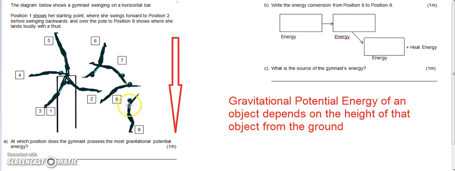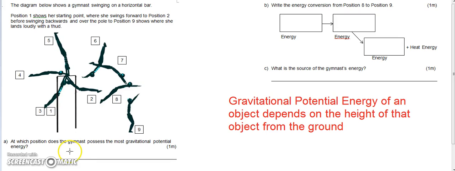So imagine if this is the gymnast and this is the ground, its gravitational potential energy is only this low before the gymnast touches the ground. Whereas if the gymnast is this up high, then the distance that gravity can pull the gymnast down is much higher.